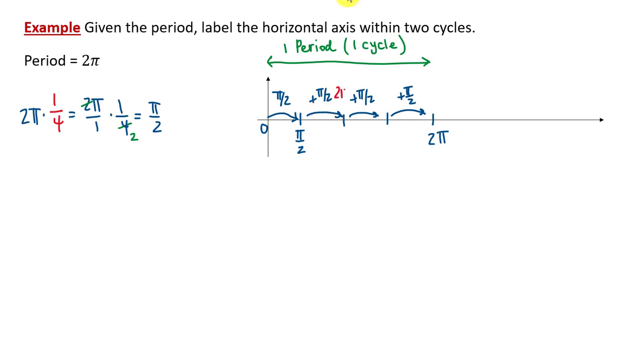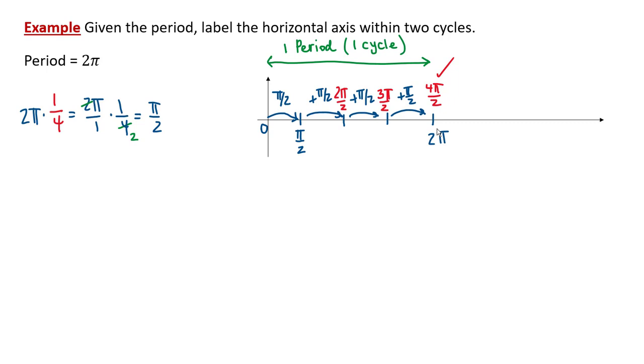Then another pi over 2 gives me 3 pi over 2. If I add another pi over 2, I'll get 4 pi over 2. And this is going to be my checkpoint to see if I calculated this all correctly. See how 4 pi over 2 simplifies to 2 pi. So that means that my computations are correct.